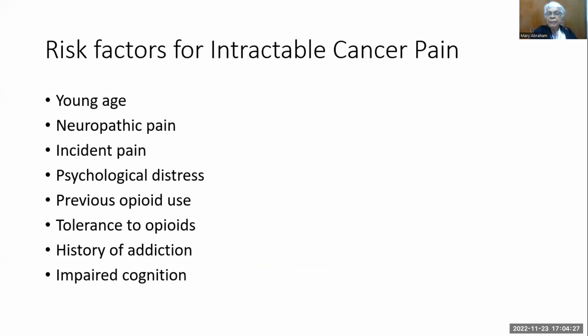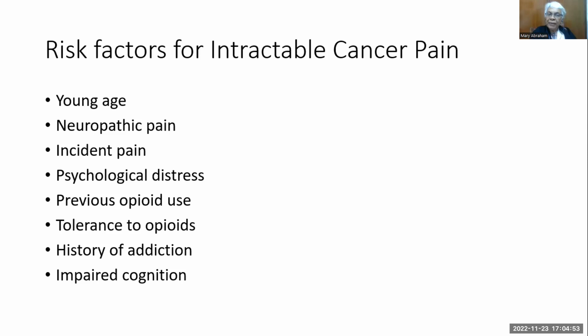Now, there are certain patients who are susceptible to intractable cancer pain. Who are they? Young people are more susceptible to refractory pain. Patients who have neuropathic pain are more difficult to treat. Continuous pain is easier to treat, but incident pain, that is pain on movement or on any activity, makes it a little difficult.